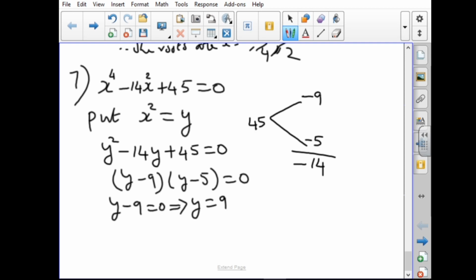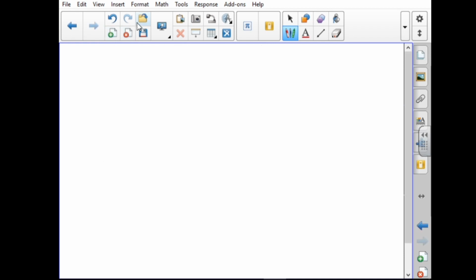And what is y? Y we have taken as x square. Therefore, y is equal to 9 gives us x square is equal to 9, which gives us x is equal to plus or minus 3.